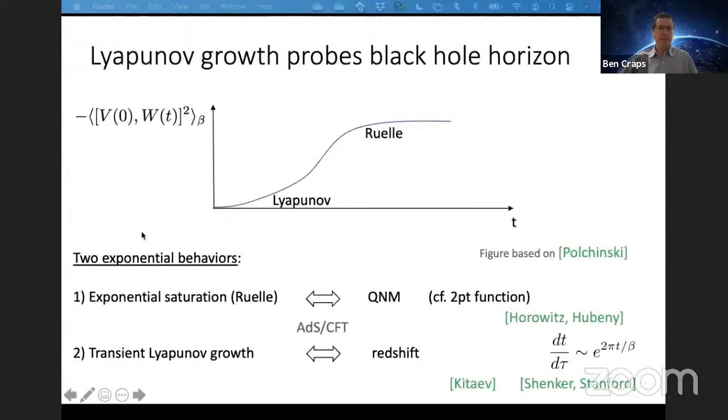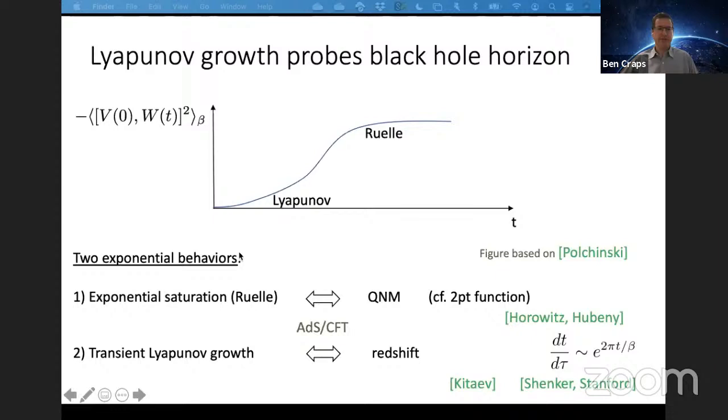There are 2 exponential behaviors that one has in this system. First of all, at late times, there will be an exponential saturation, which corresponds to Ruelle resonances, and which, under the AdS-CFT duality, corresponds to quasi-normal mode decay of an associated black hole.